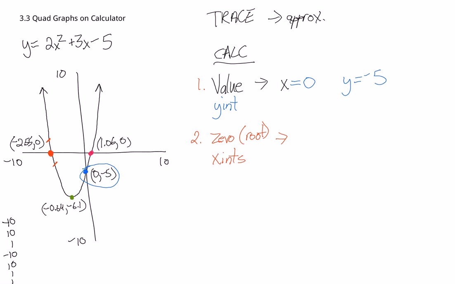So all you have to do is you just got to move your cursor, get above the line somewhere, hit enter, move the cursor down below the line, hit enter again, and it gives us the exact zero of negative 2.5 and 0. So you can see our trace, we got negative 2.55, that was close, but the actual answer is exactly negative 2.5.